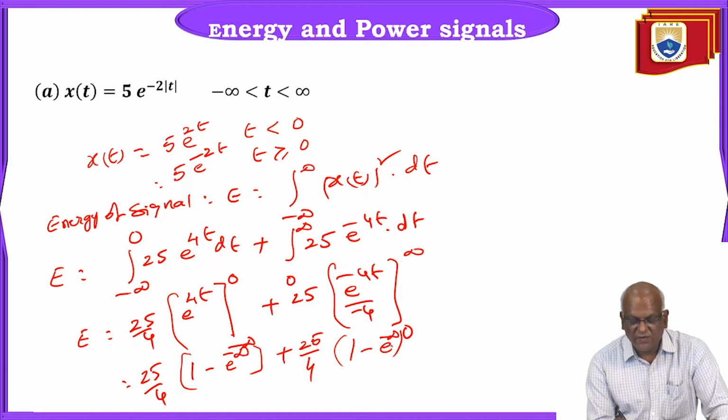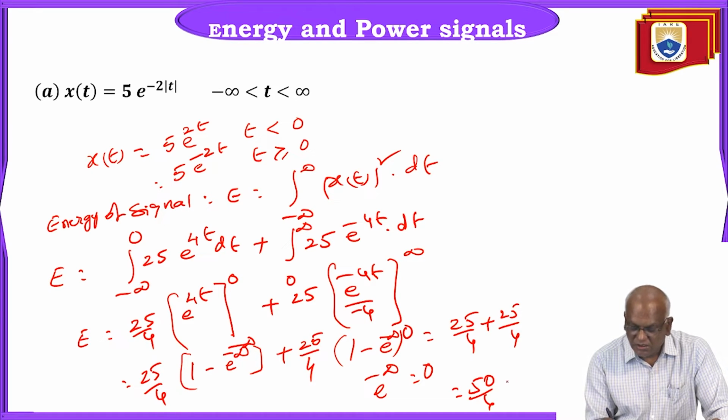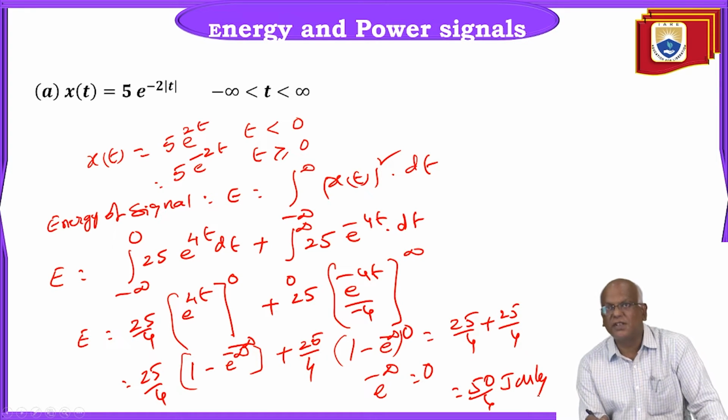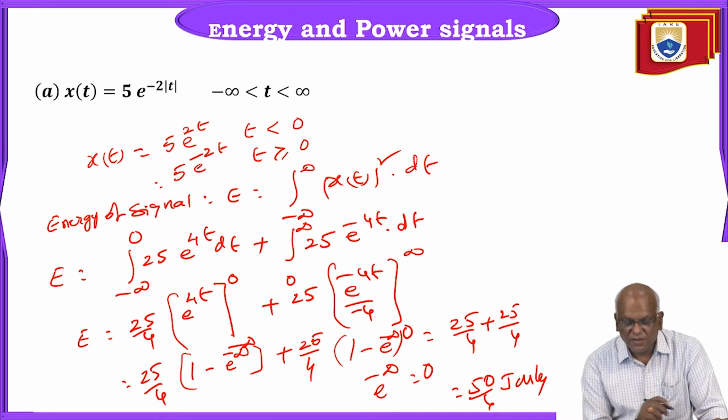Now e power minus infinity value is equal to 0. That's why we write it as 25 by 4 plus 25 by 4, which equals 50 by 4 joules. This is the energy of the signal.